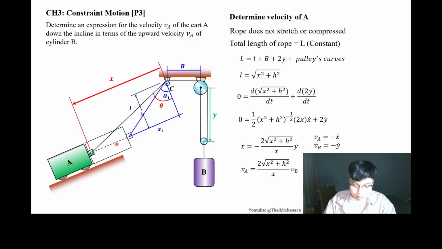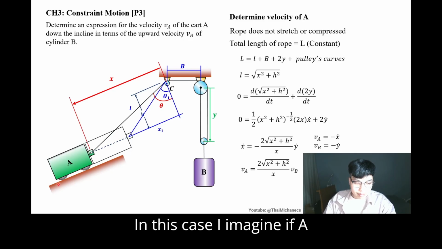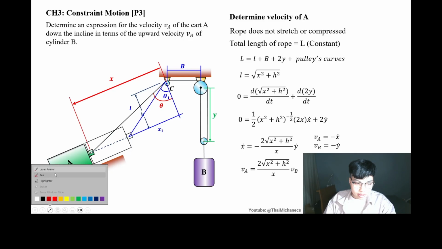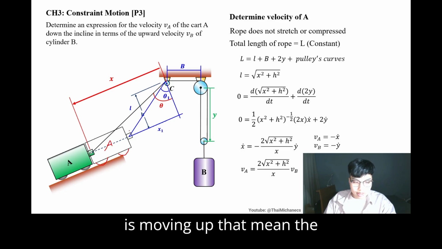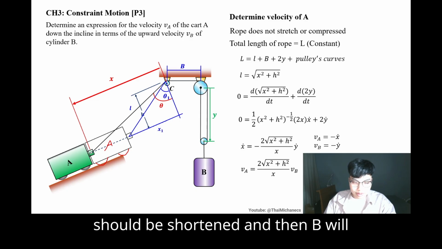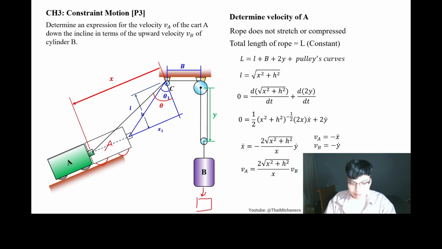How will the rope behave? In this case, I imagine if A is moving up, that means the rope L should have less angle, or the length of L should be shortened, and then B will move down. Makes sense, right?